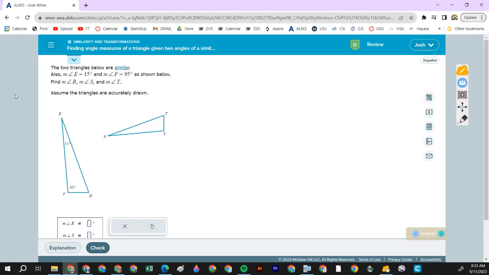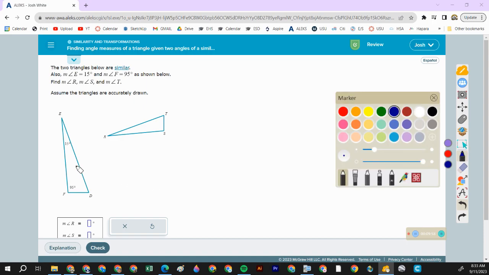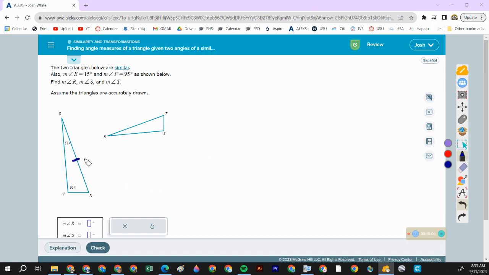Okay. So here it says angle E is 15, angle F is 95. What are the angles of this triangle? Okay. So I'm going to find the long side. So this corresponds to this. And this corresponds to this, which means this corresponds to that.